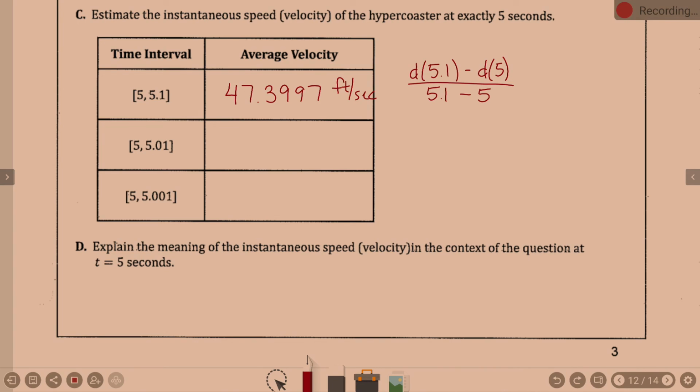You repeat two more times, right? Are we okay with what I'm doing here? I think so. Most of you guys are working on your calculators.